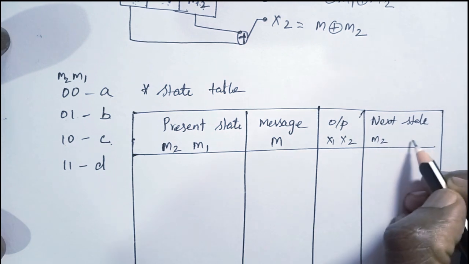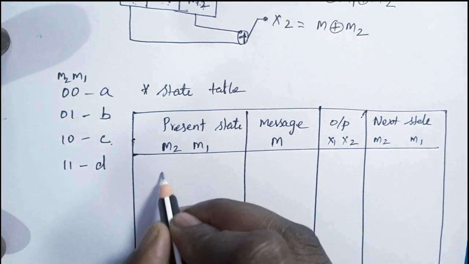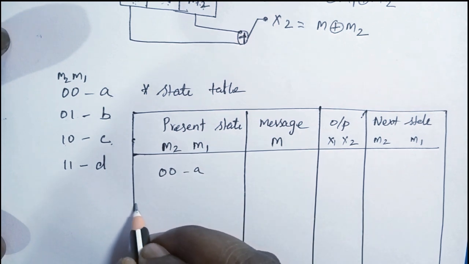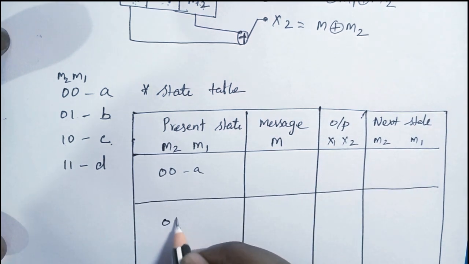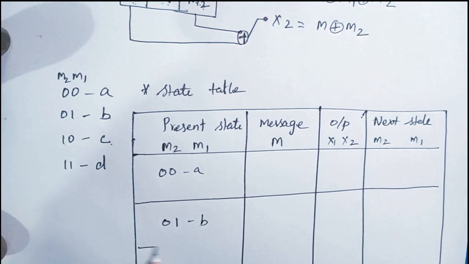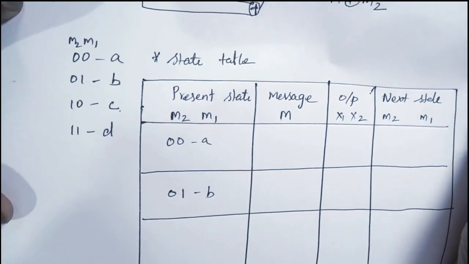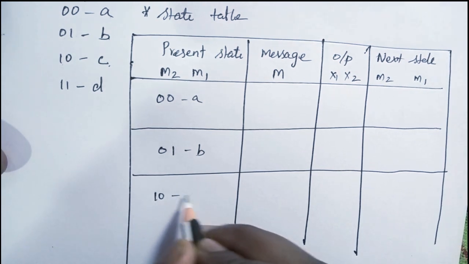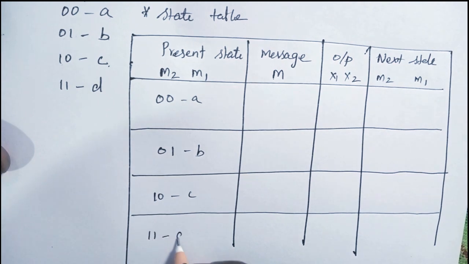So we have 4 states, right? 0 0, that is state A. Then 0 1, which is state B. Then 1 0, which is state C, and 1 1, which is nothing but state D.